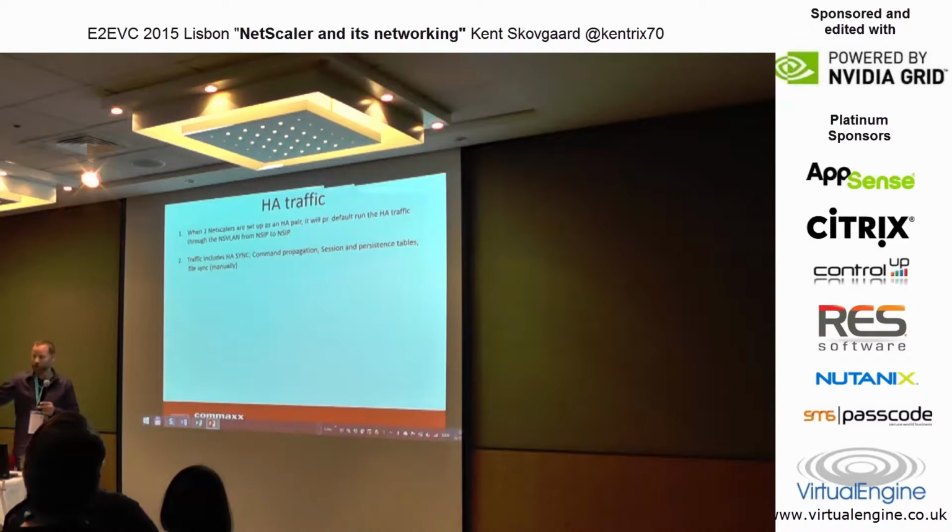If you see the log, you can see that, right? So this will be propagated to the secondary so that they are always synced. Also some session information, depending on what type of service you're load balancing, will go to the other NetScaler, because if you fail over, you want as many of the user sessions to be as close to the original NetScaler as possible. Okay?